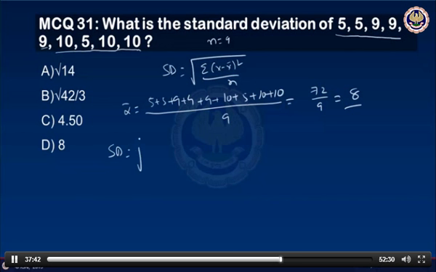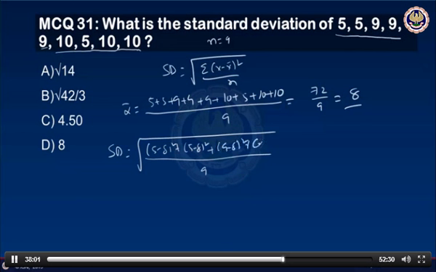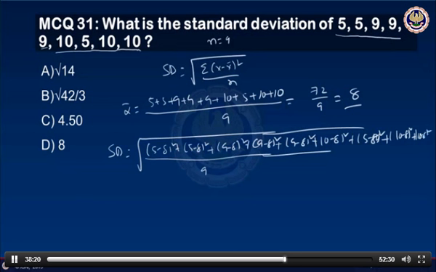SD equals the square root of summation, where the denominator is 9, and every item is subtracted by this mean: 5 minus 8 whole square plus 5 minus 8 whole square plus 9 minus 8 whole square plus 9 minus 8 whole square plus 9 minus 8 whole square plus 10 minus 8 whole square plus 5 minus 8 whole square plus 10 minus 8 whole square plus 10 minus 8 whole square.